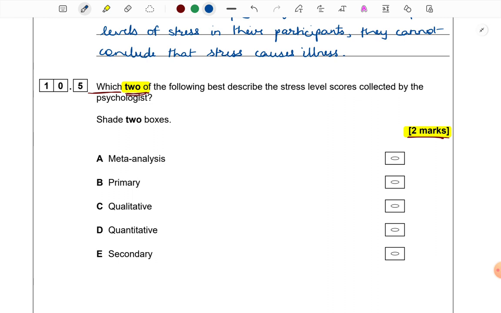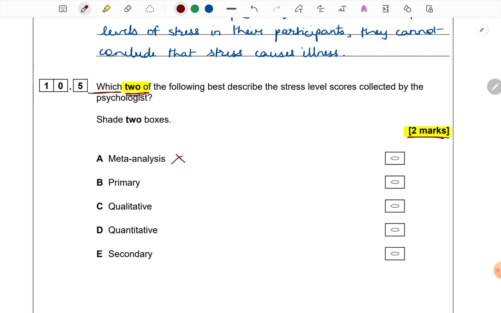If we consider meta analysis, it is a score that is derived from reviewing effect sizes in multiple studies. In this scenario, which we just read, there was no such suggestion of reviewing a number of studies. So, certainly, it is not meta analysis.